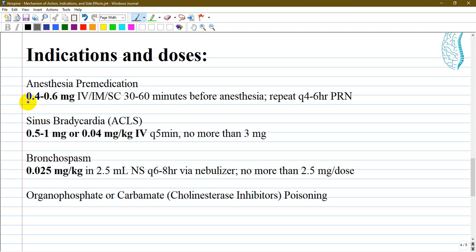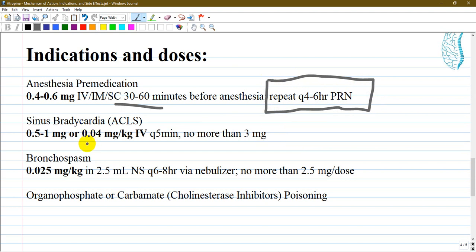For example, 0.4 or 0.6 milligrams 30 or 60 minutes before anesthesia, and it can even be administered immediately when you need. The half-time is around 4 hours, so if you want to maintain the effect, every 4 hours, or as you need, you can administer an additional dose.